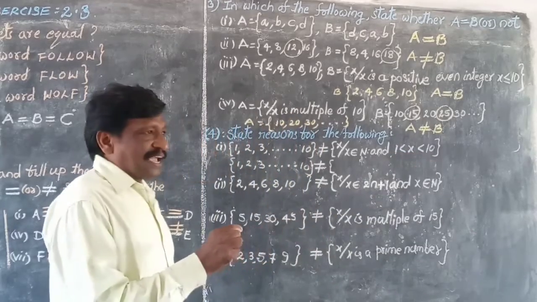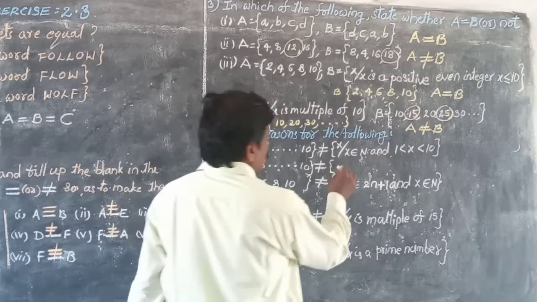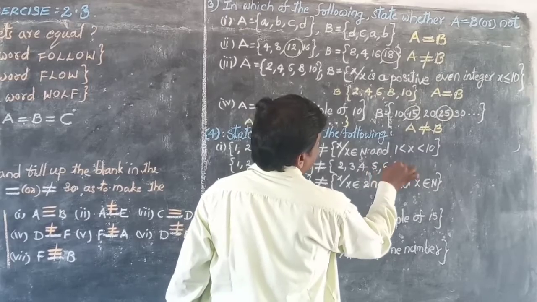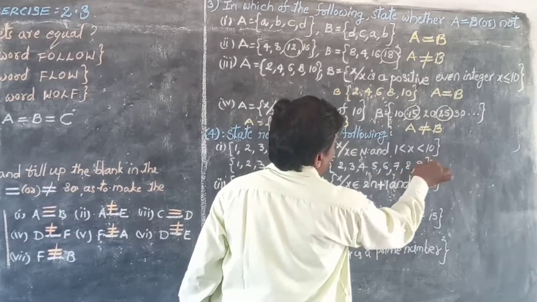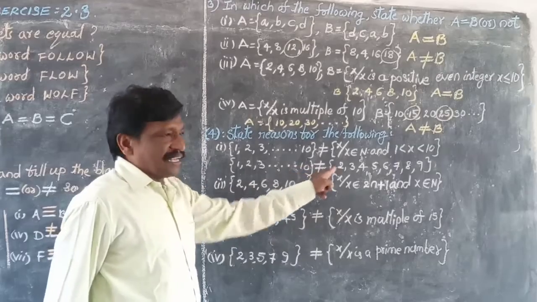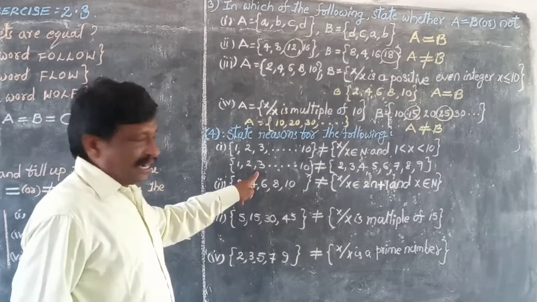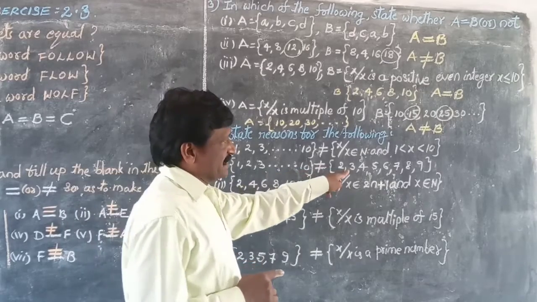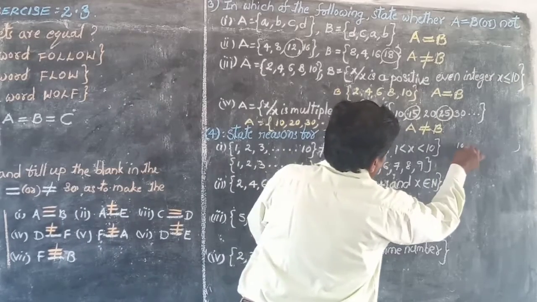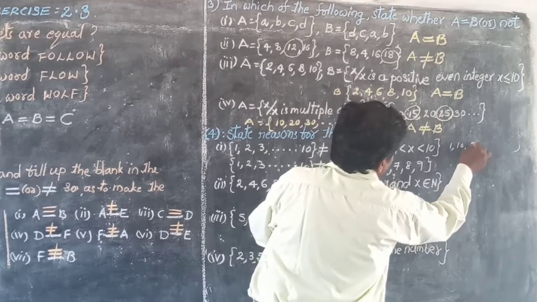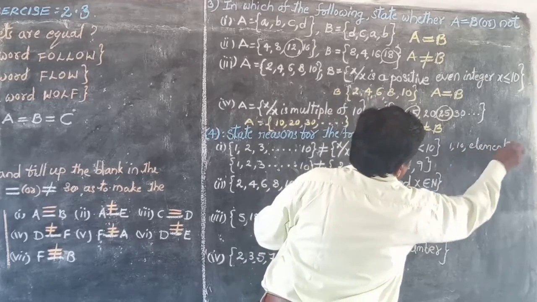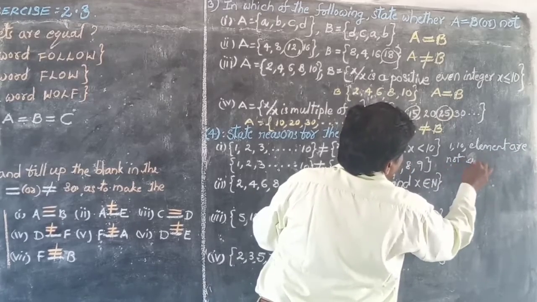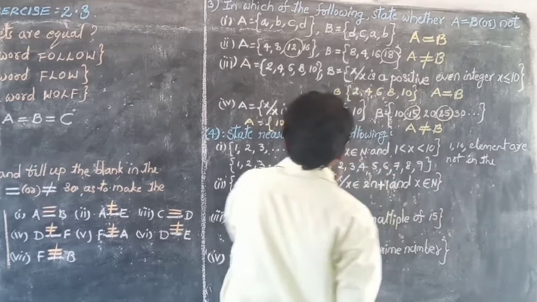The elements are above 1, below 10: 2, 3, 4, 5, 6, 7, 8, 9. So both are not equal. How can you tell? The element 10 is not in the second set. That is the reason.